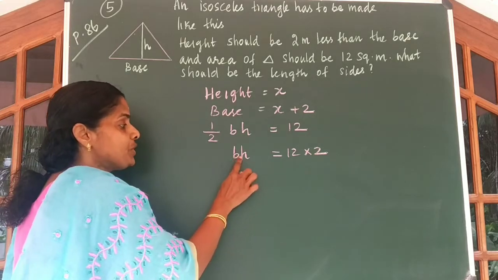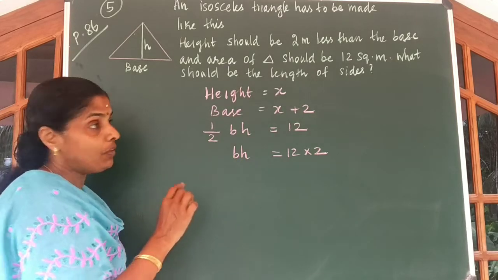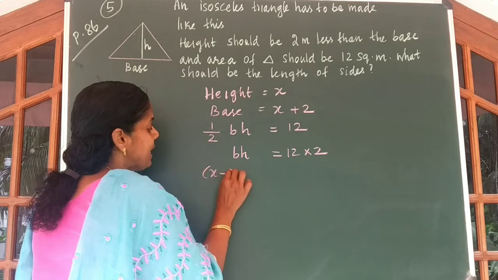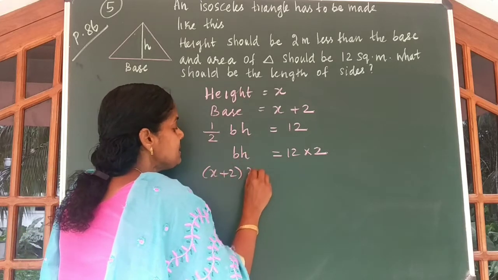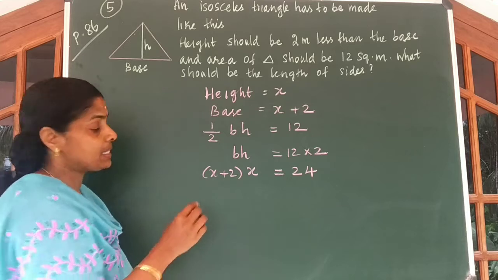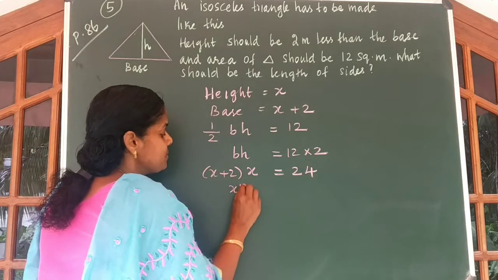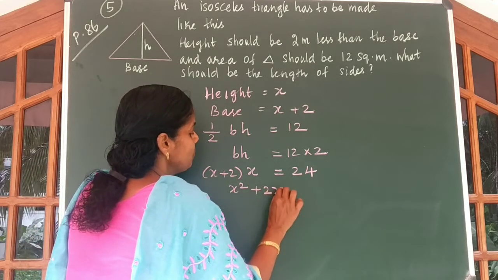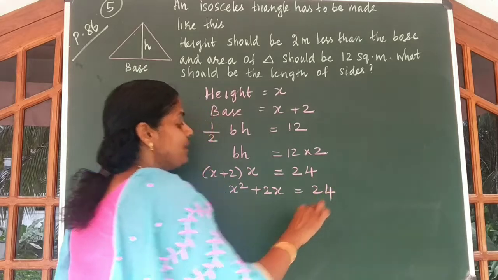Now let us substitute B and H in the formula. Base is x plus 2, height is x, is equal to 24. Now let us expand. x into x gives you x square plus 2x is equal to 24.